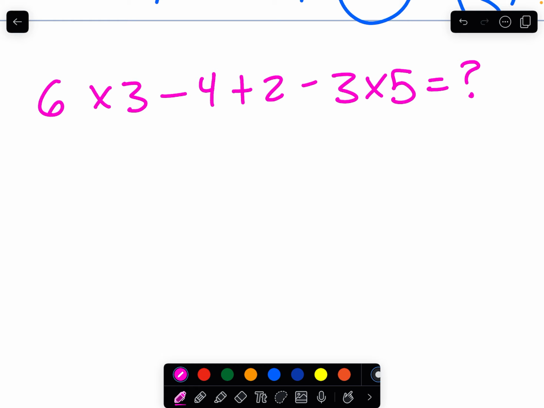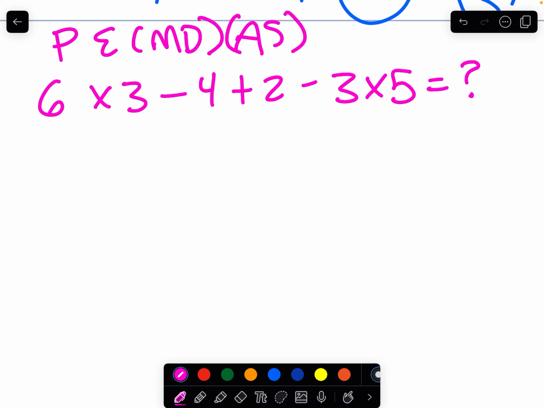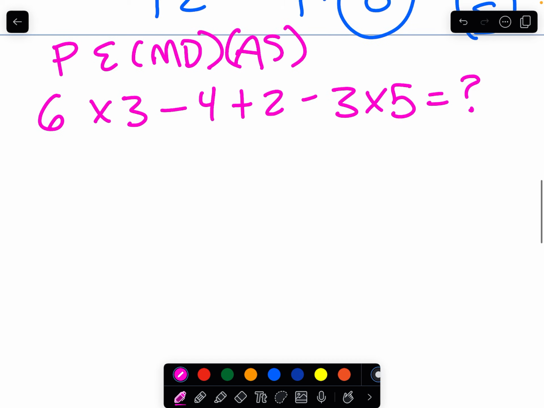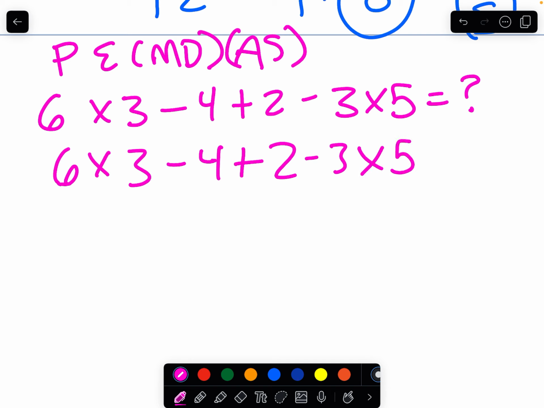Well, I'm going to do what I encourage all my students to do. First, I'm going to write PE, and I'm going to put MD in parentheses, and then AS in parentheses. PEMDAS. I'm going to write PEMDAS out. And I'm going to rewrite the equation because I always do that when I'm answering a long equation like this.